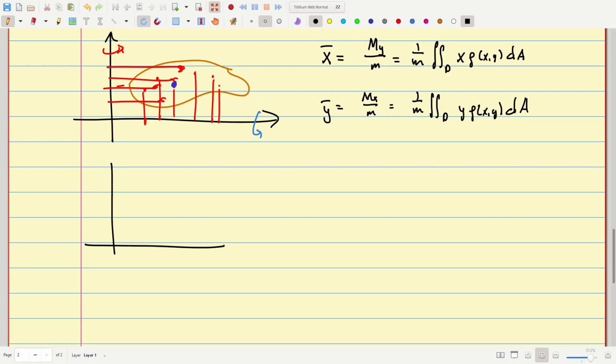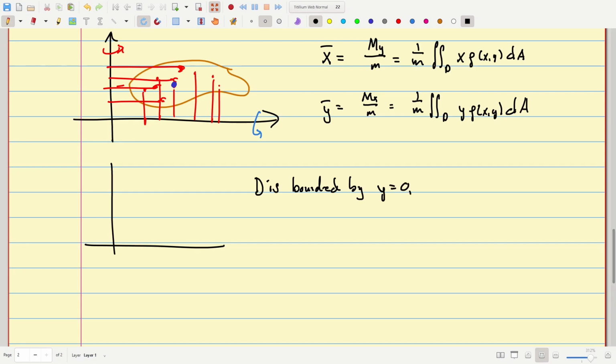You have an example. I'll draw the picture here in a second.